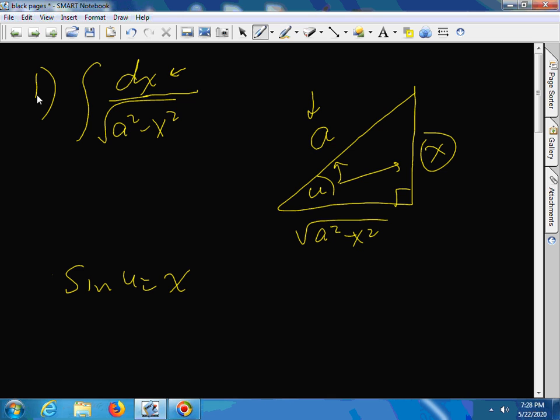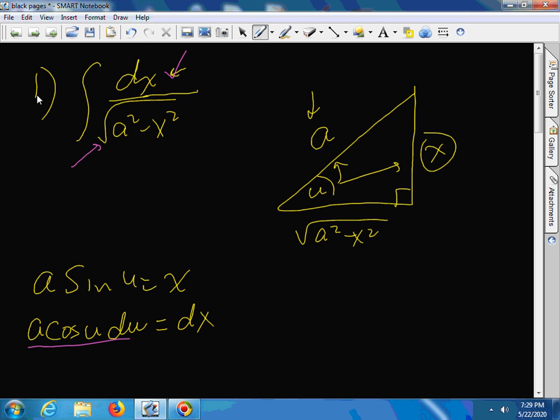This way, when I take the differential of the right side, I already have dx. The differential of the left side is a cosine u du. Okay, so I have dx in terms of u. There it is.